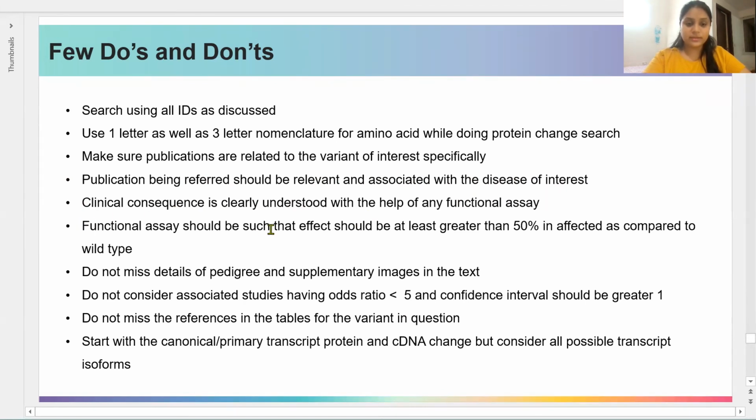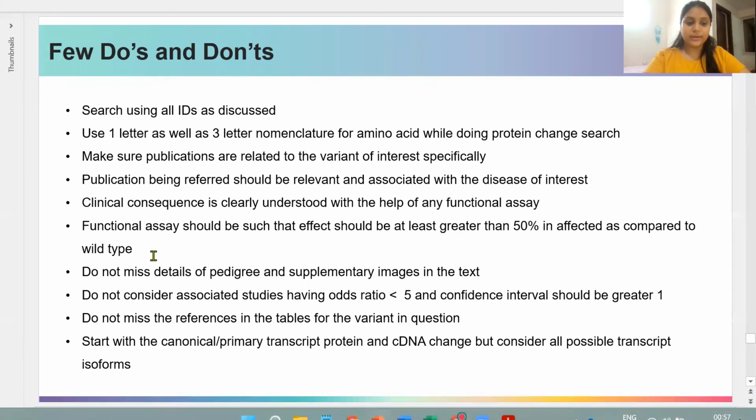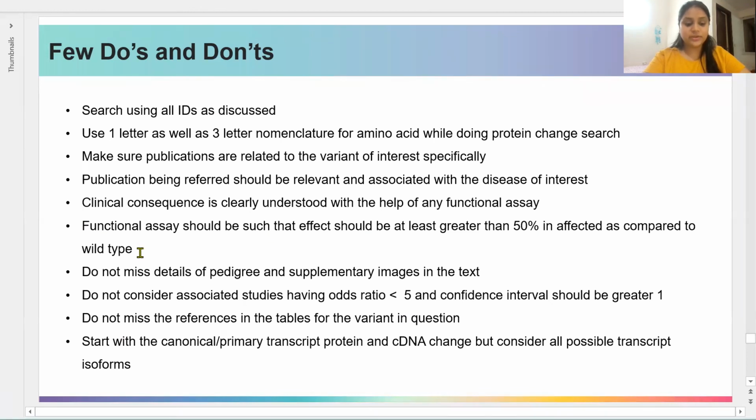And the effect should be at least greater than 50% in affected as compared to the wild type. This is an arbitrary number and it depends upon what is normal in the field for that particular gene, but for the majority of cases we take 50% as the cutoff.